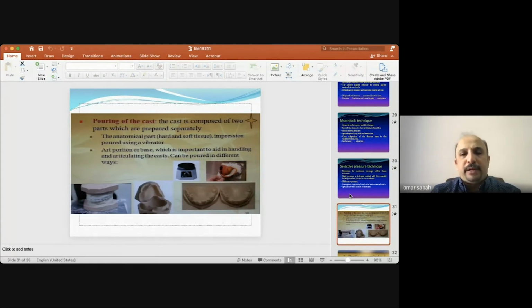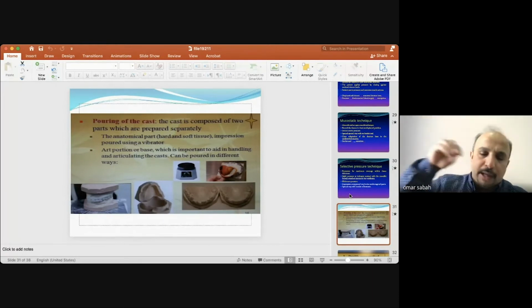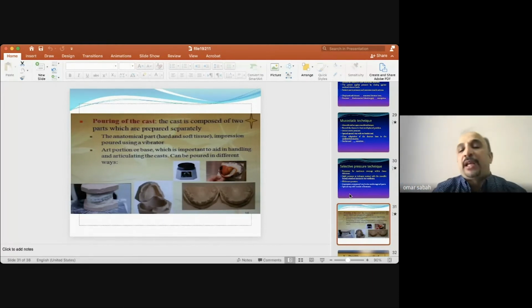If you pour your special tray with the stone and have bubbles inside, the bubbles end up touching the surface area that you need, the final denture surface area.